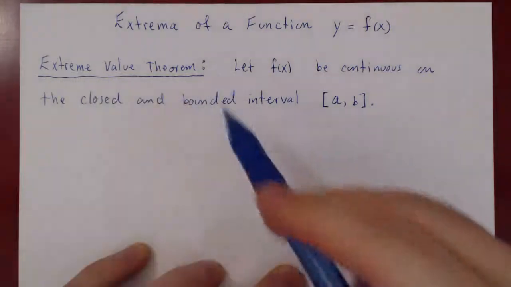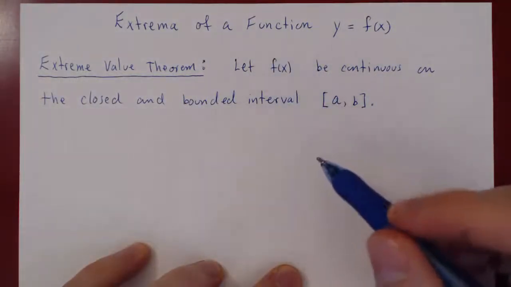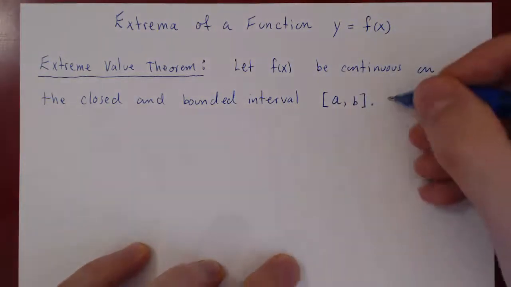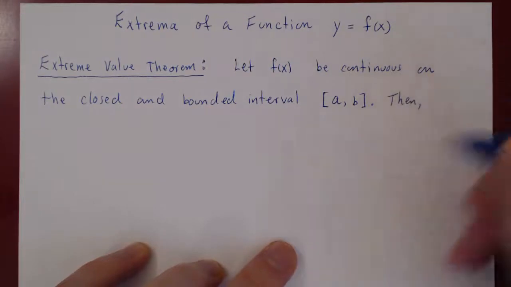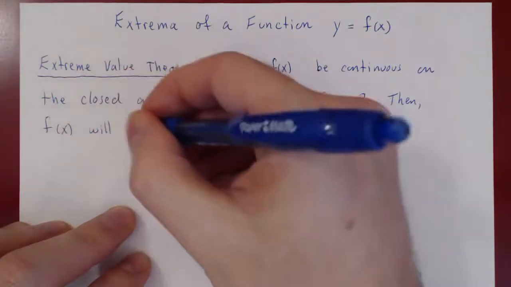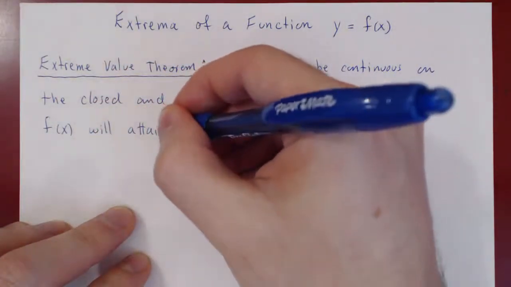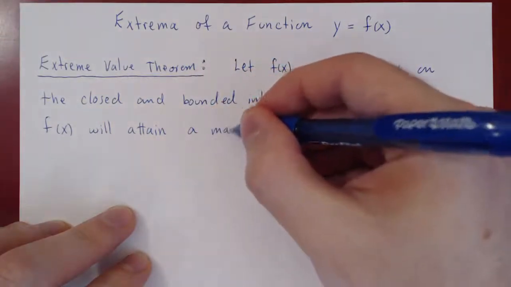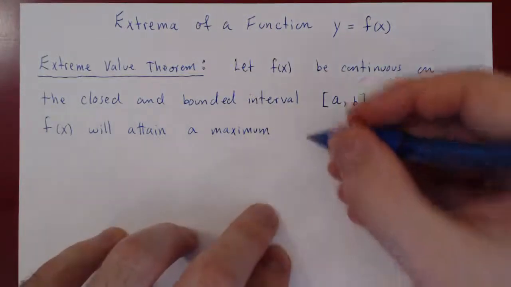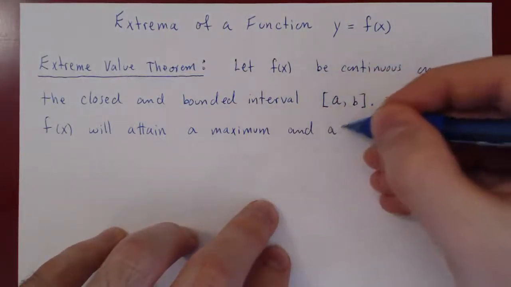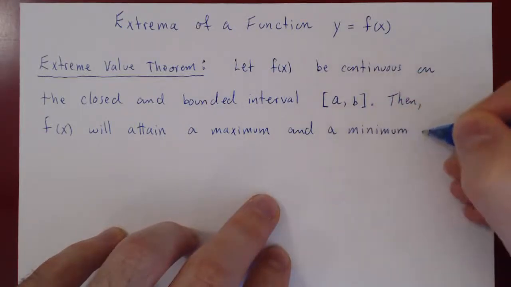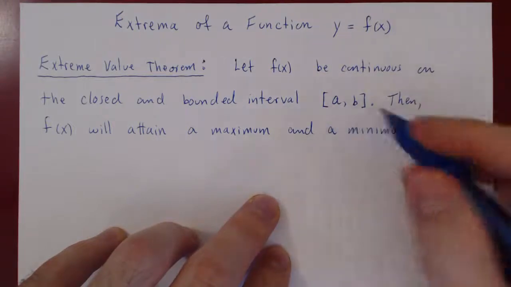Then what the extreme value theorem says is the function f will attain a maximum and a minimum value on this interval. So we'll attain both a maximum and a minimum value on the interval a b.